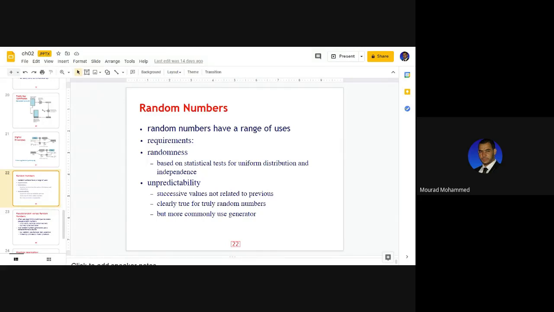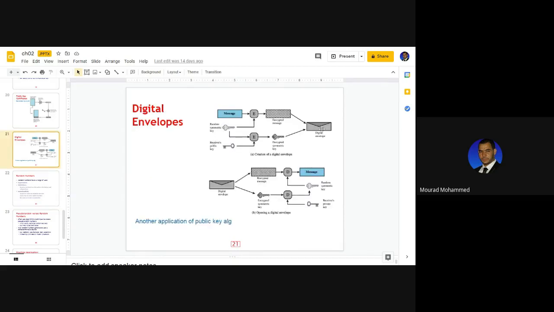Among the applications or systems that use the generation of a digital envelope, we adopt an algorithm that generates random numbers, and the number generated here is the key we will use to encrypt the media. And the same one we are going to use here to decrypt the cipher to generate the original media.